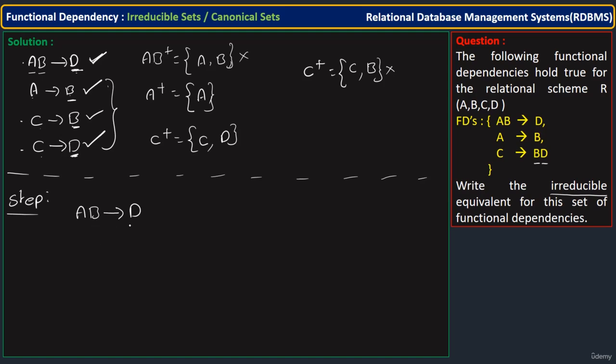AB derives D. Now let us check first, without B and with B. If I find the A closure without B, what do we get? A, of course B. Anything else?